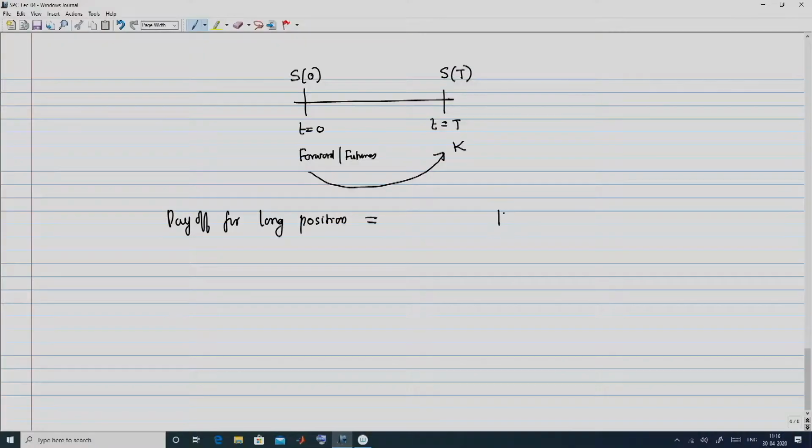So, an amount of k is spent by them, so I write minus k, and then they can immediately sell it in the market, in which case they will receive an amount of S of t, so the payoff is S of t minus k. Another way of looking at it is that it is the difference between the price that the party with the long position would have paid at time t equal to capital T if they had not got into the contract, and the price that they are paying because they got into the forward or futures contract.